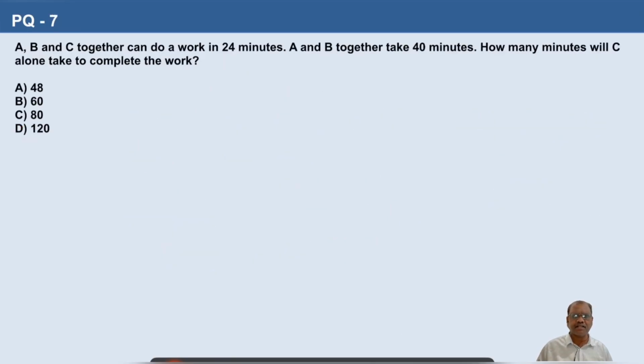Question number 7. A, B and C together can do a work in 24 minutes. A and B together take 40 minutes. How many minutes will C alone take to complete the work? So we have same formula again. Time into rate is equals to work.